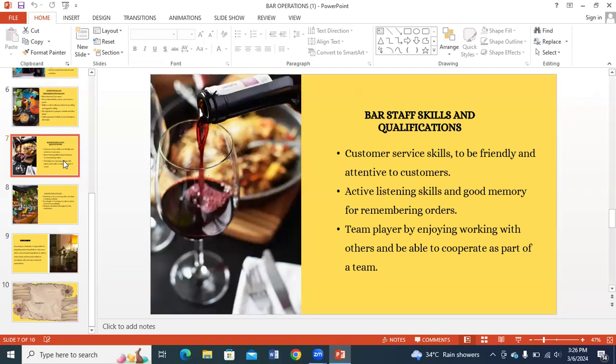So giving an example, imagine as a bartender, you have multiple orders which are coming in simultaneously. How will you carry that out and still ensure that there is excellent customer service? What do you think as a bartender you should be able to accomplish?